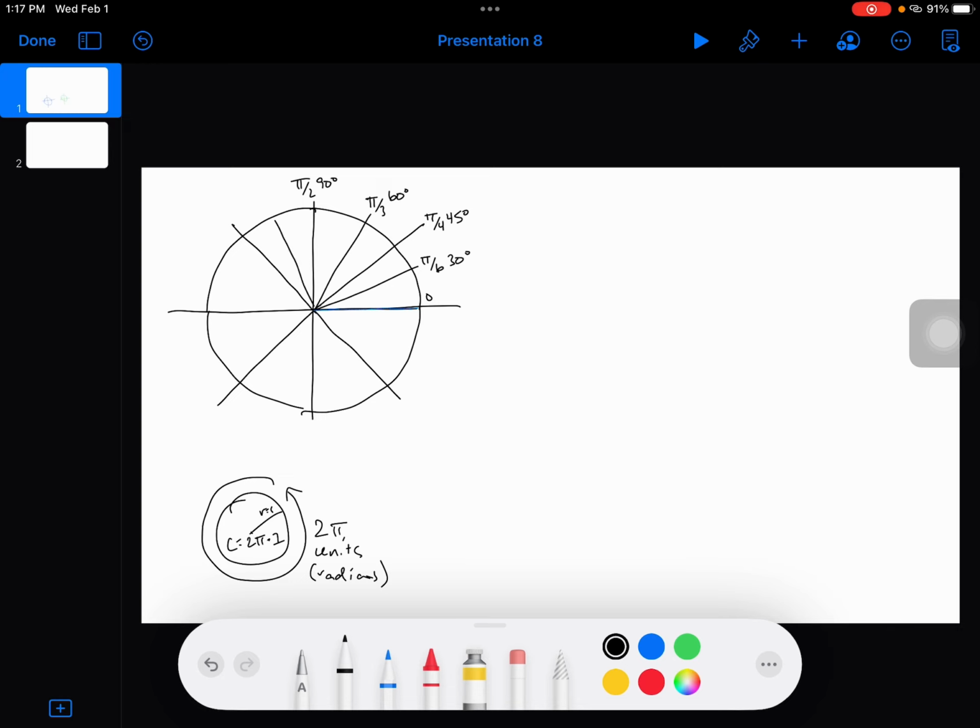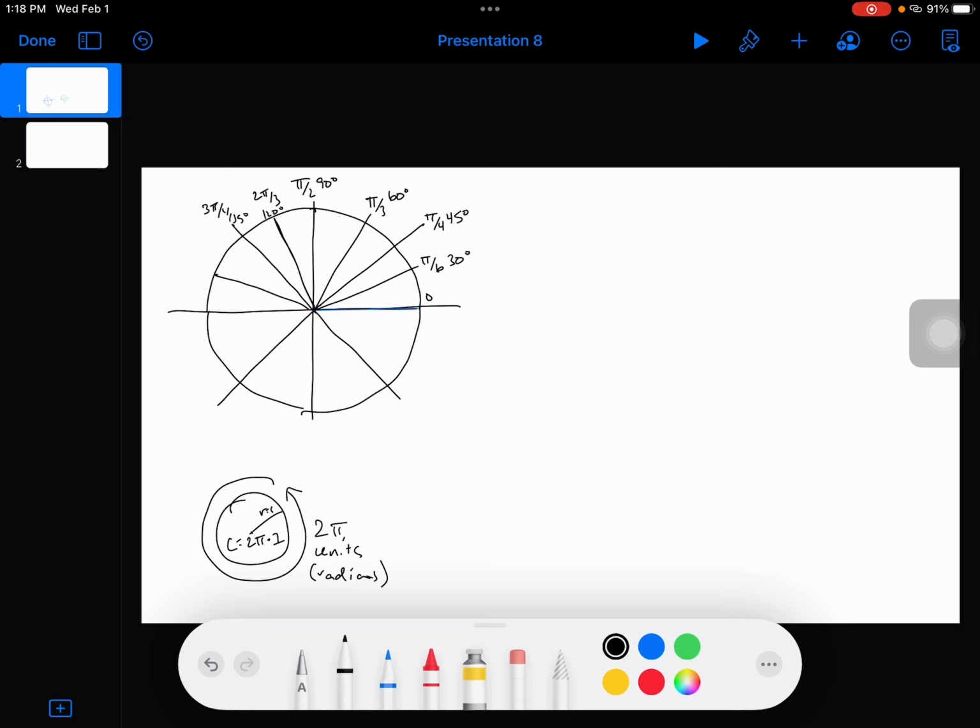Then 30 degrees past pi over 2 is 120 degrees, or 2 pi over 3. And then 45 degrees from 90 is 135 degrees, or 3 pi over 4. And then another 30 degrees.